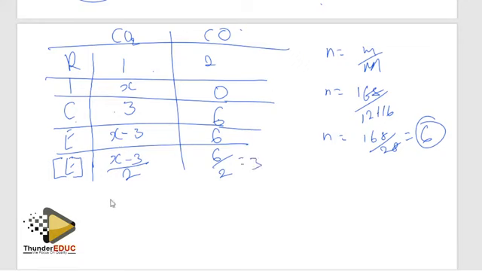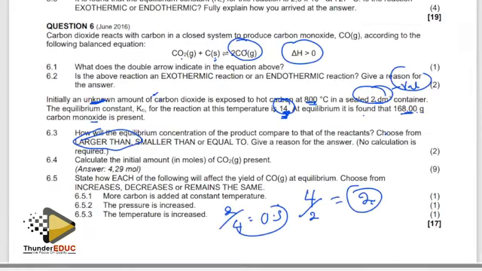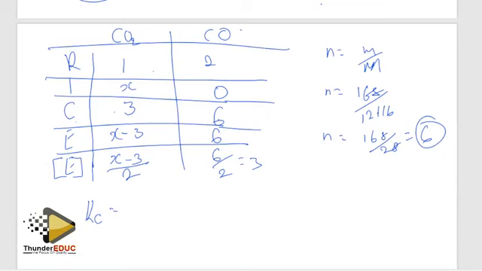So now after that I can apply Kc. Kc value is gonna be equal to what? I find out where it is. Yeah, the Kc they said is 14.